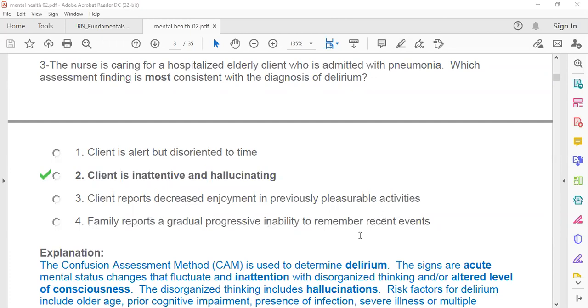That is regarding dementia, but this question is about delirium. Keep in mind delirium is reversible. If the underlying cause, like fever, is removed, the delirium will be okay.